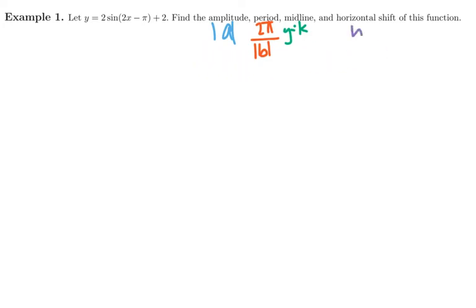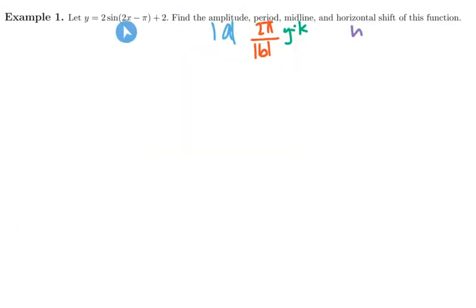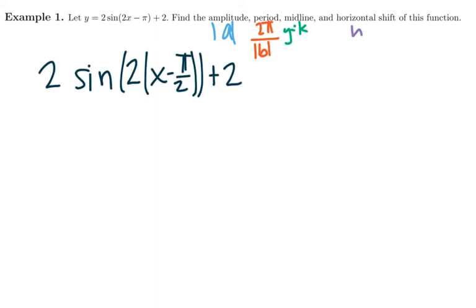So these all hold true if our transformed function is written in the proper form that we had. Notice that in our problem here, we have 2x minus pi, and in our proper form, our b was factored out. So the way it's written for us would be as if this b had been distributed. So we need to factor out this 2 here.